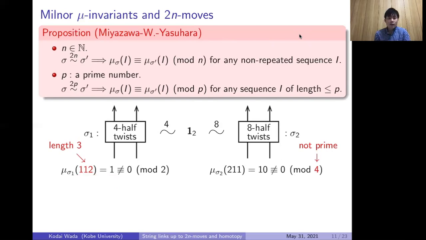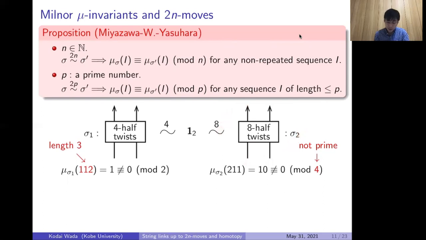The other remark is that the second assertion cannot be extended to the 2n-equivalence classes of string links for a non-prime number n. For example, let sigma 2 be this two-component string link.